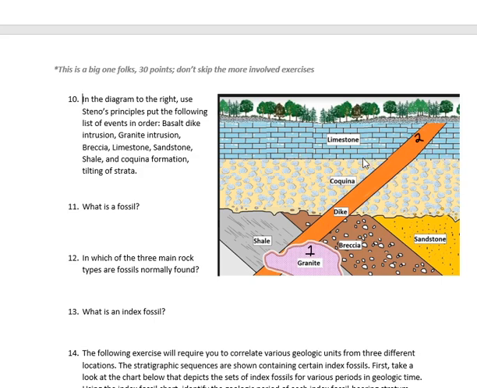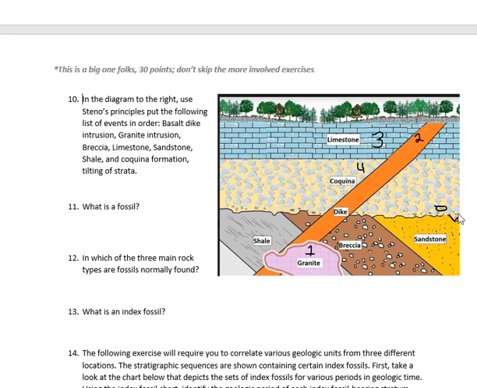Now, due to the principle of superposition, probably the limestone here is number 3 because it's on top of the coquina, which we'll put as number 4. Now notice that between the coquina and the beds beneath it, there's an angular unconformity, right? These are at an angle. Do you all see how the surface here is rugged and how there's cobbles?